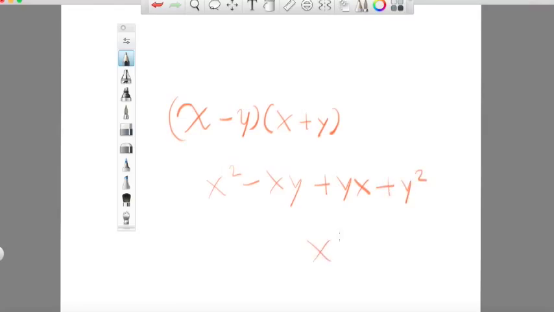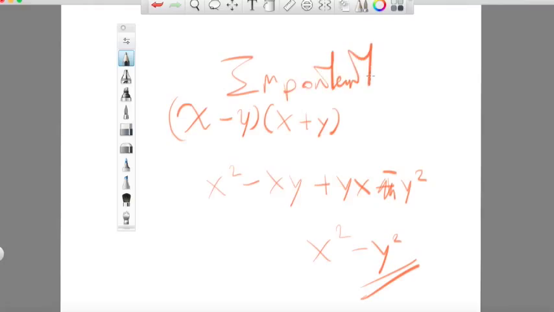So we have x squared minus y squared, and this is also very, very important. It's way too important to forget because you can use it for a lot of simplification or factorizing polynomials, which we'll learn in future episodes.